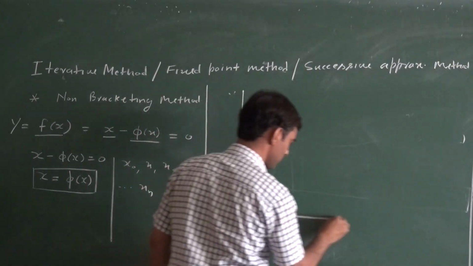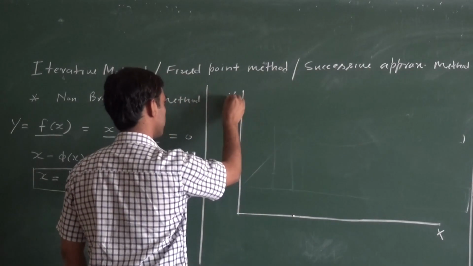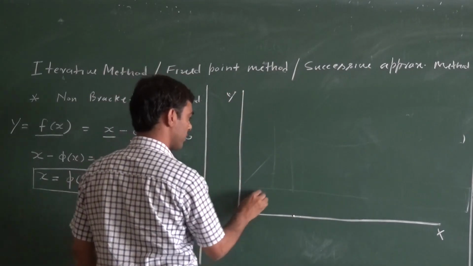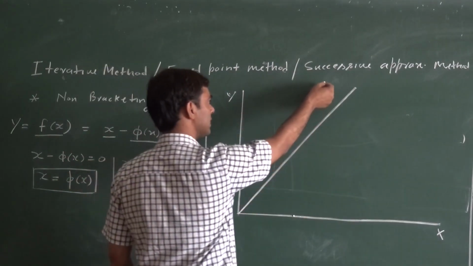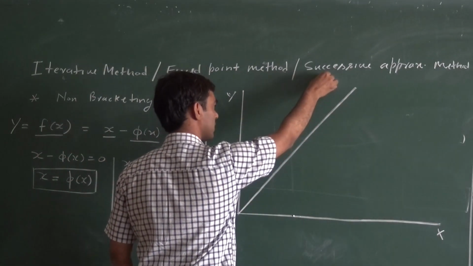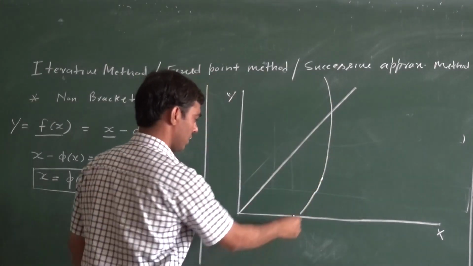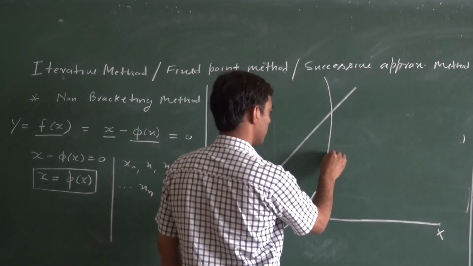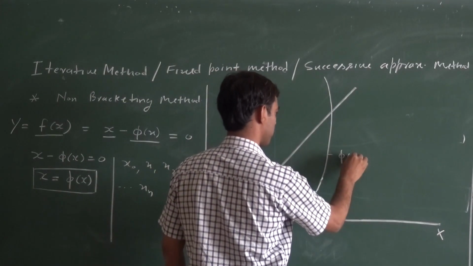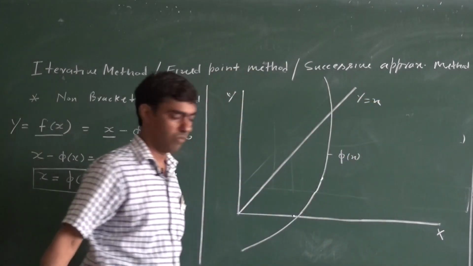Now suppose we consider x and y, and the line y equal x, and a function phi x. Suppose this is phi x and this is y equal x.